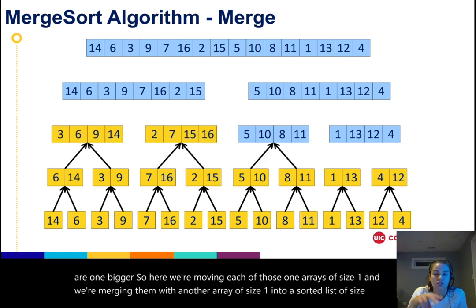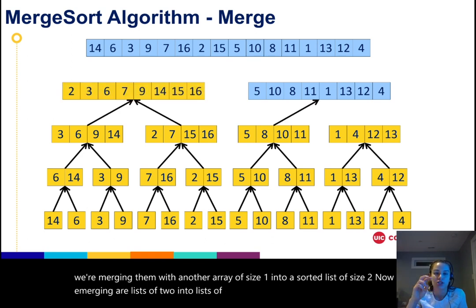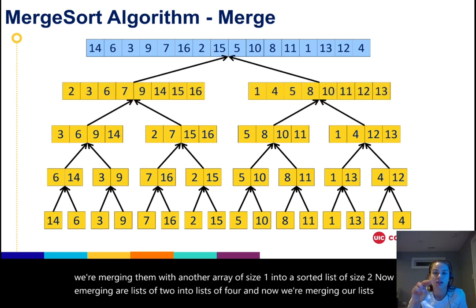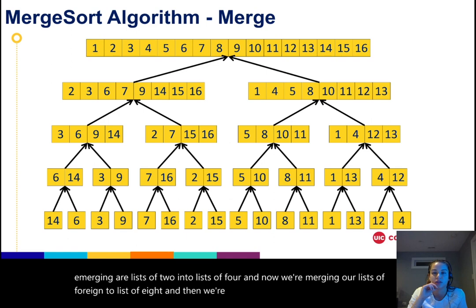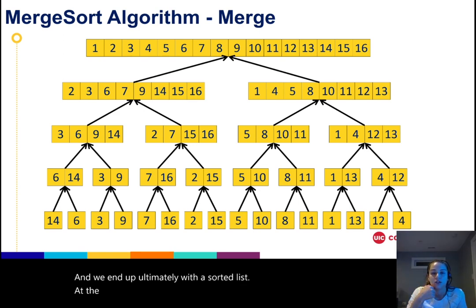Now we're merging our lists of 2 into lists of 4, and now we're merging our lists of 4 into lists of 8, and then we're merging our lists of 8 into a list of 16. And we end up ultimately with a sorted list at the top using all the original elements, right?